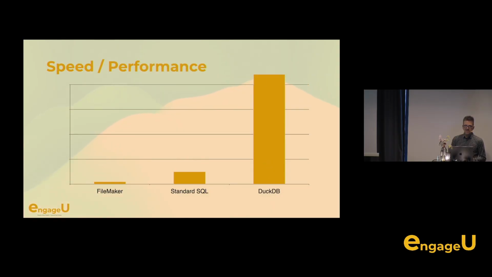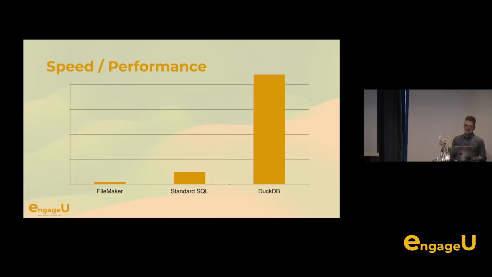And if you look at speed and performance, it's even crazier. Compared to FileMaker, I will show you some use cases from real-world scenarios. SQL is sometimes more performant on data compared to FileMaker when it comes to really huge data sets or many users. When you have 10 or 100,000 users, you won't be so happy with the FileMaker engine.